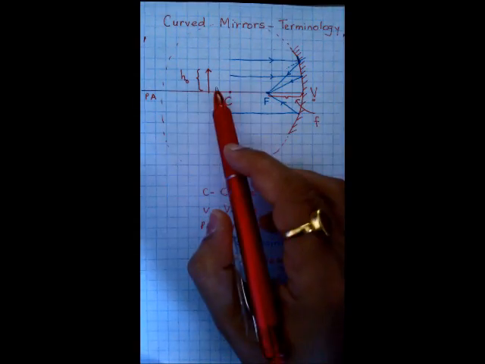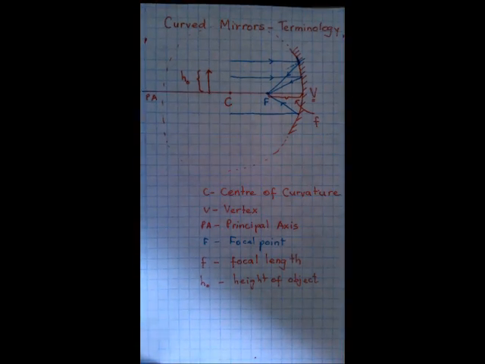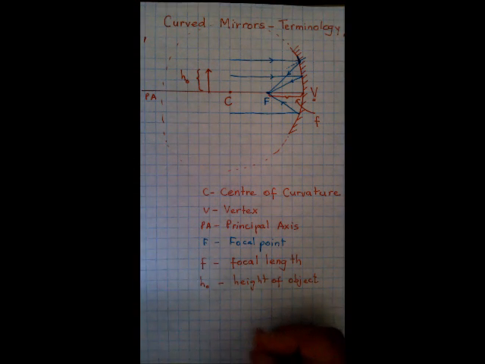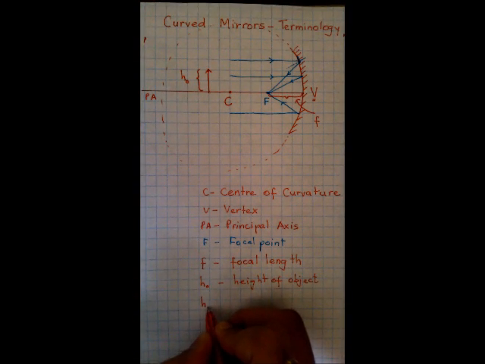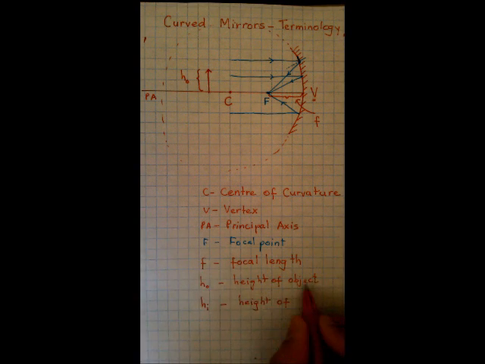Okay, this object will create its own image. We will learn how to locate that image in another lesson, but the height of its image will be represented by HI. So HO is the height of the object, HI height of the image.